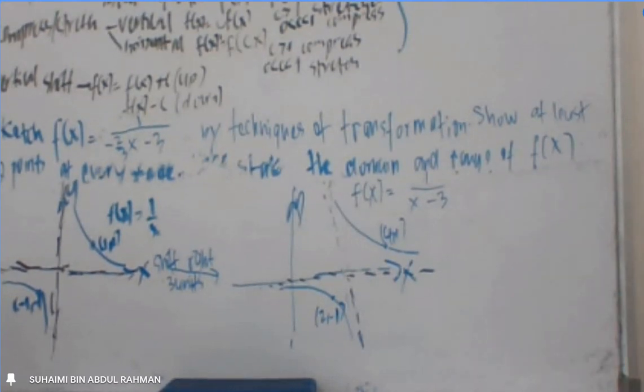That's the new function, 1 over x minus 3.